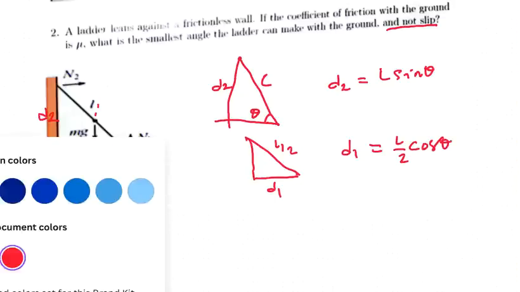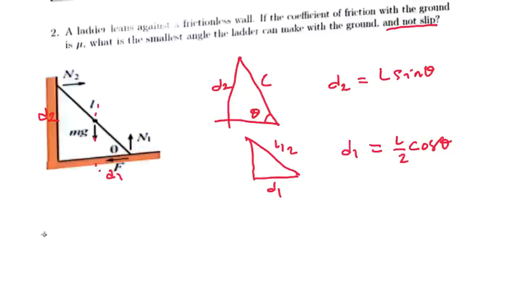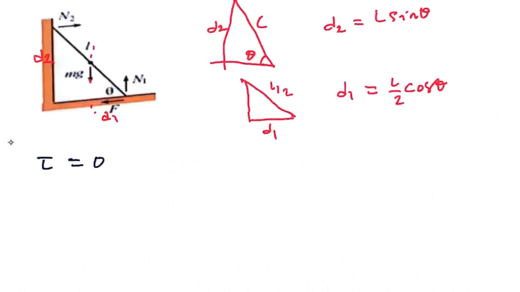And we're given a condition for the ladder not to slide. For the ladder not to slide, the net torque must be equal to 0. So we can write that 0 is equal to minus mg d1 plus n2 d2.